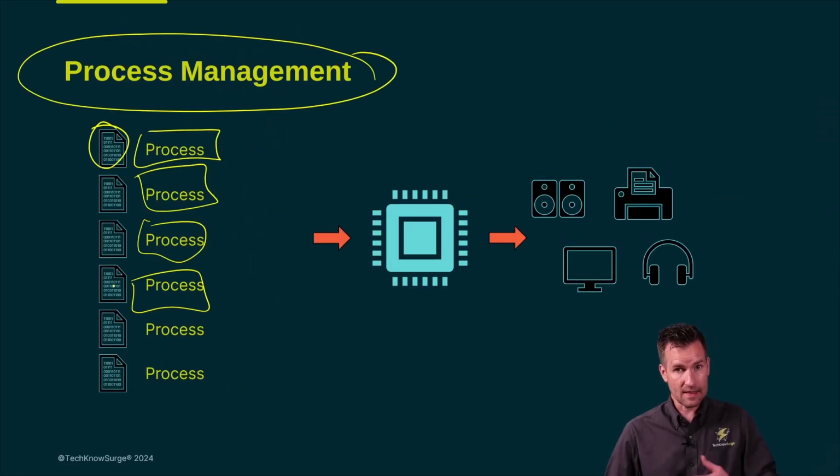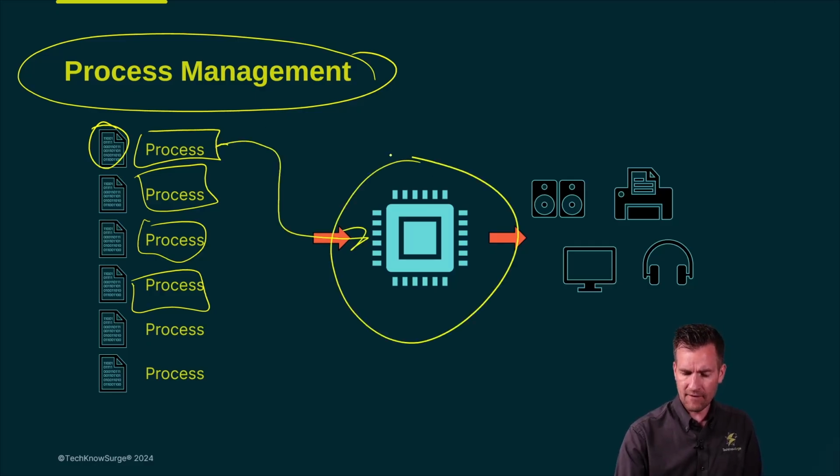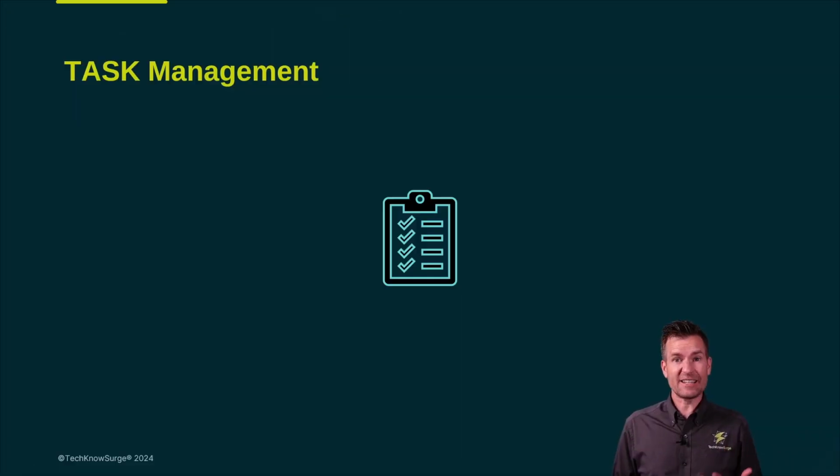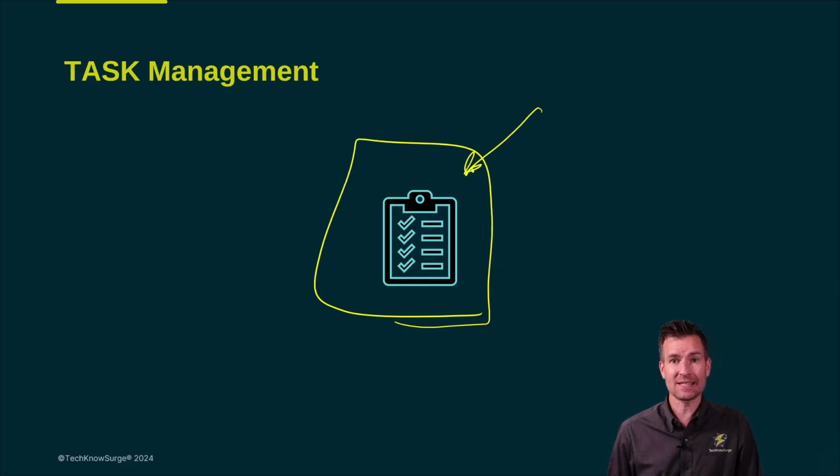And so when something needs to be processed, a request is made, and then that process gets prioritized or put into a queue to be eventually sent to the processor to get processed. There's also a lot of different tasks that need to happen on your machine. So your operating system does some task management as well.